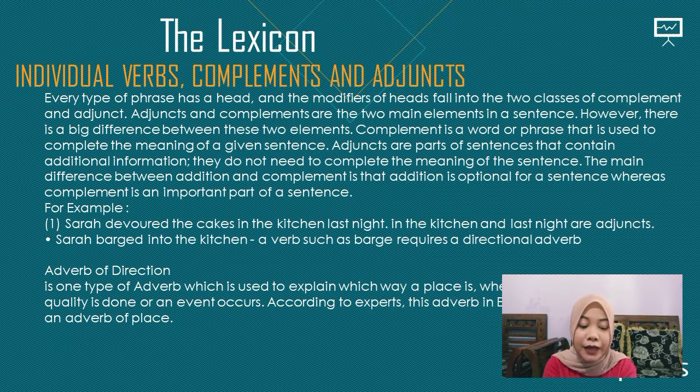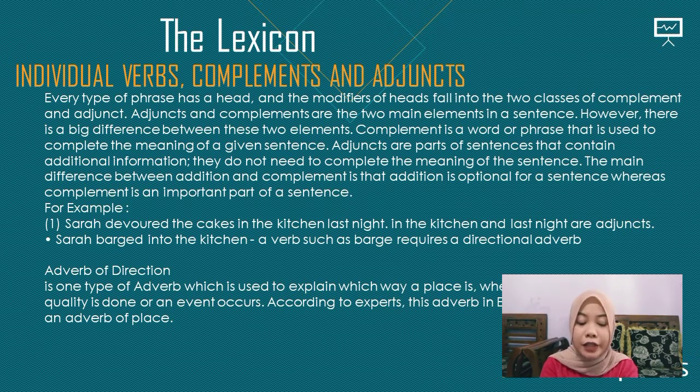Nah, contoh yang kedua yaitu Sarah barged into the kitchen. A verb such as barge requires a directional adverb. Jadi barge di sini menunjukkan keterangan arah, yaitu menerobos. Sarah menerobos ke mana? Nah, di sini kita membutuhkan sebuah complement untuk melengkapi directional adverb tersebut, yaitu into the kitchen.